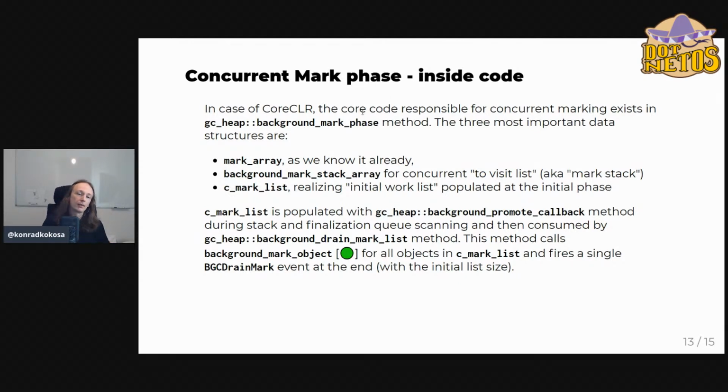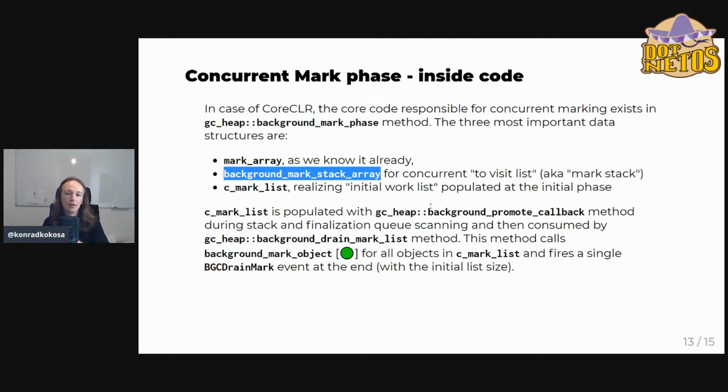It is called background, which is one of the names pointing to the concurrency happening in the GC. And there are 3 most important data structures used by this method. There is this mark array, which is exactly what I described, the continuous memory regions for the bits for marking objects. There is a background mark stack array.